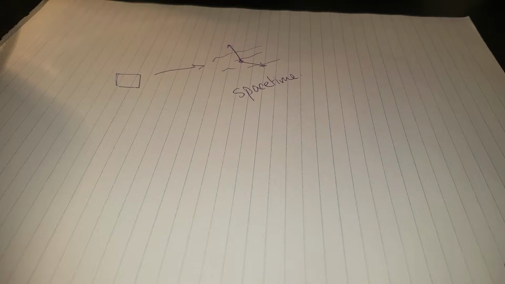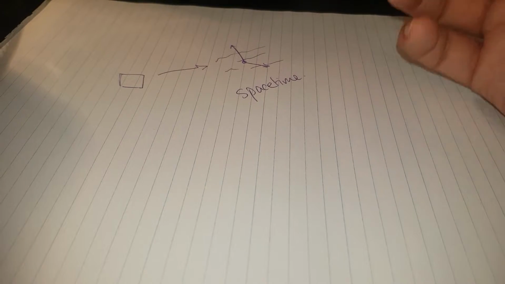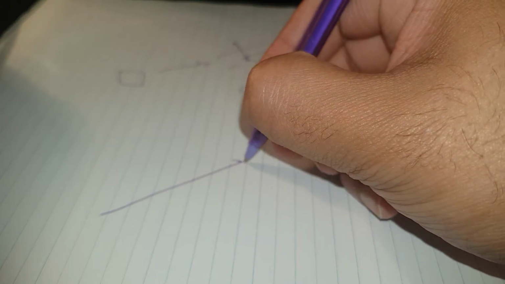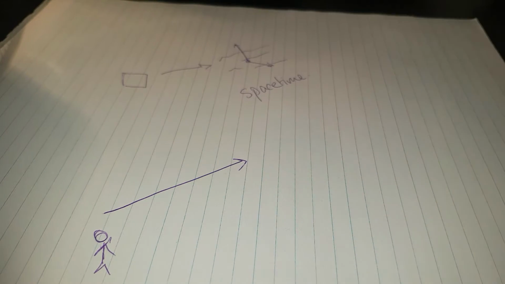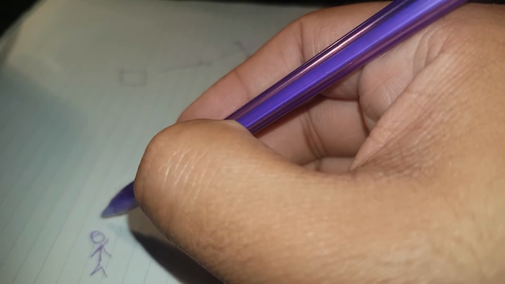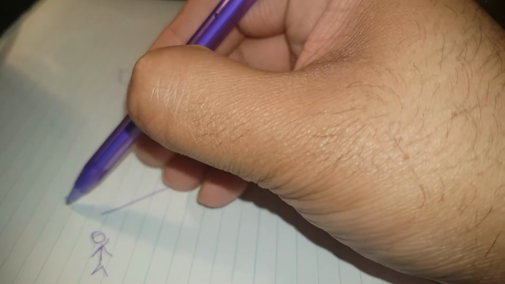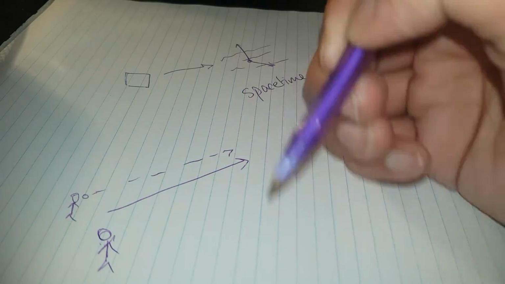Albert Einstein, in his special relativity, determined that the laws of physics are the same for all non-accelerating objects. So we have an observer here, and the speed as they see it, let's say this observer sees another student or child throw a ball going in this motion.